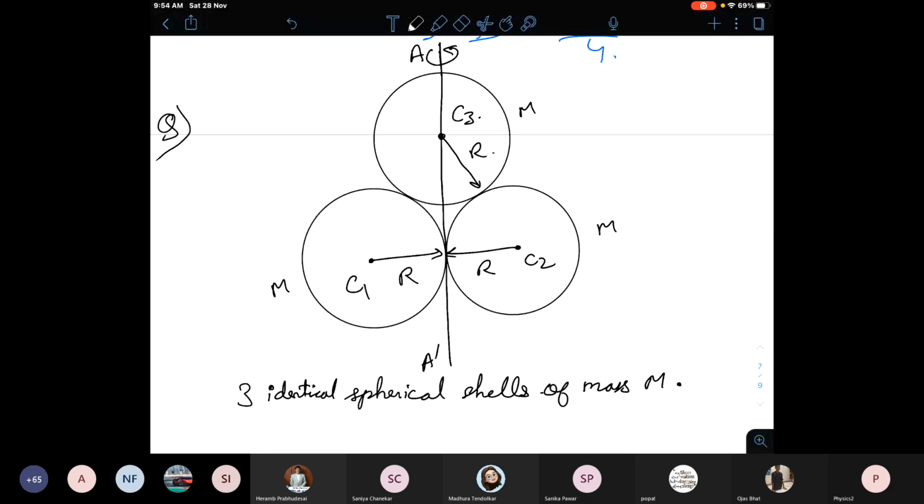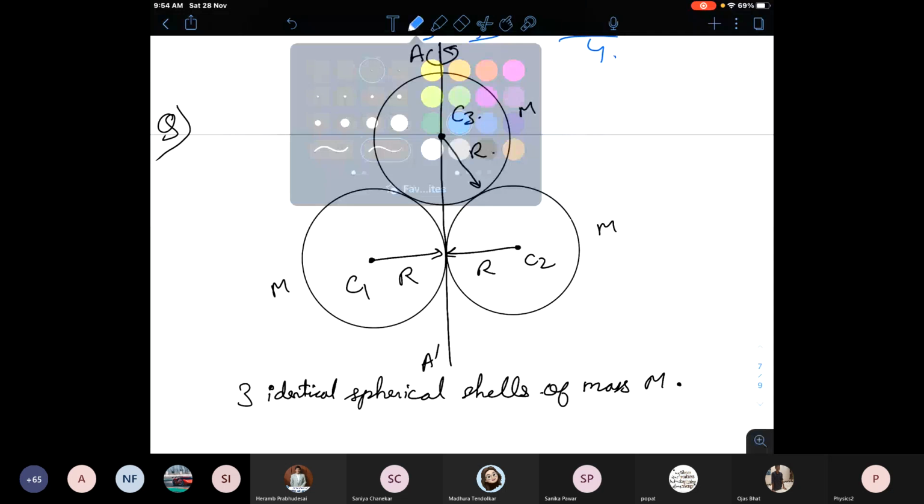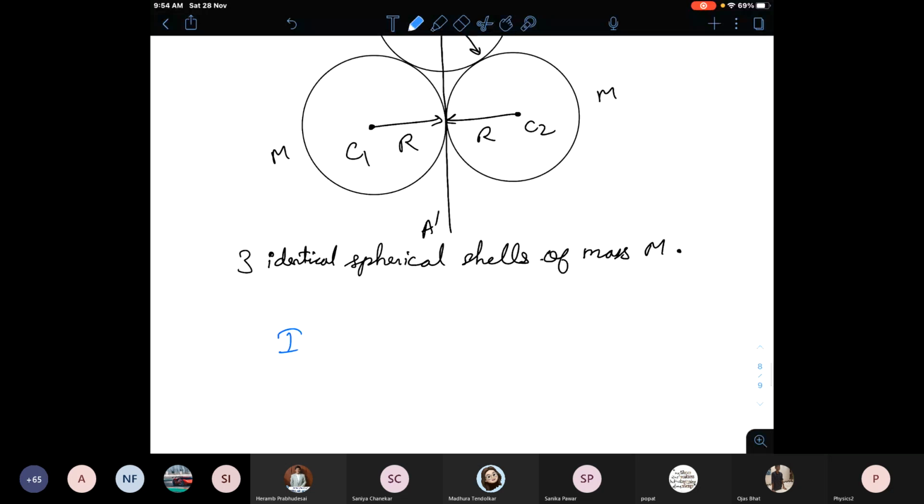These three centers are basically the centers of mass of the three spherical shells. Now if you want to find the net moment of inertia of the system, we can write I1 plus I2 plus I3.